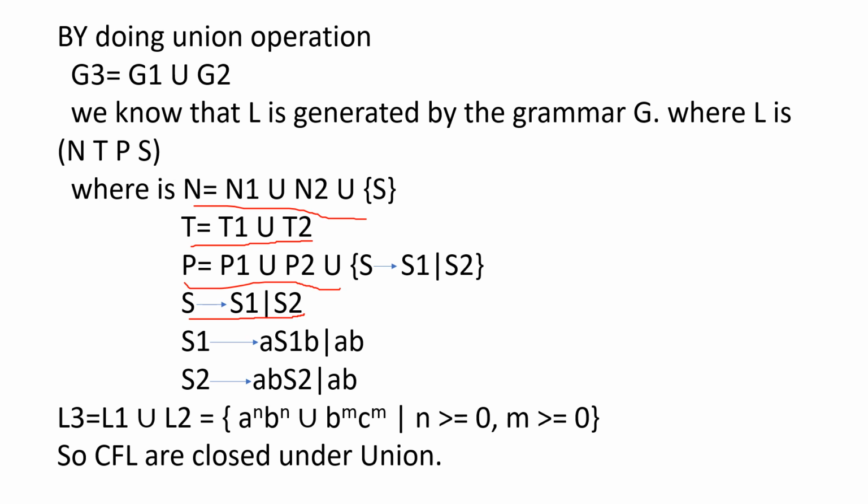S1 is the starting symbol of language 1, which derives a S1 b or ab. And S2 is the starting symbol of language 2, which derives b S2 c or bc.